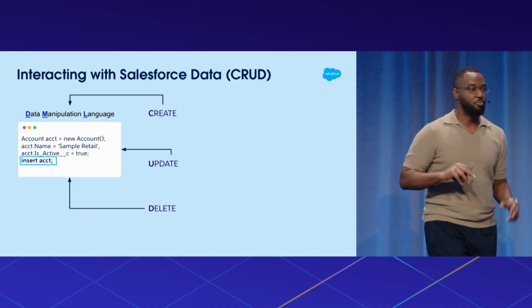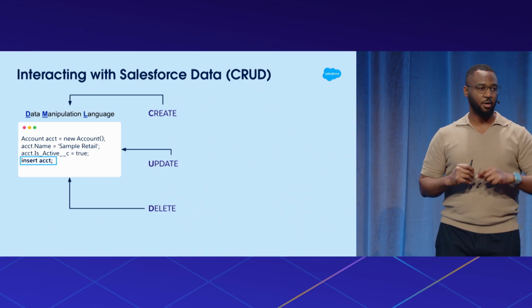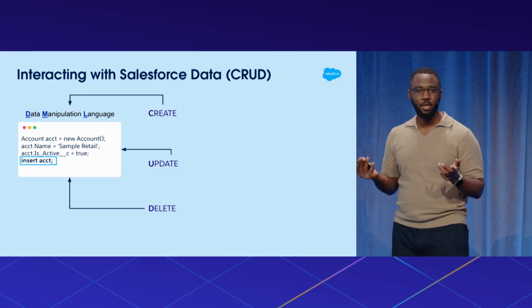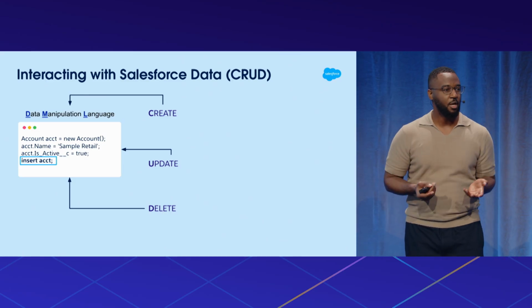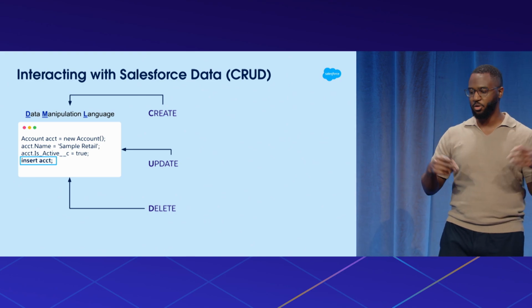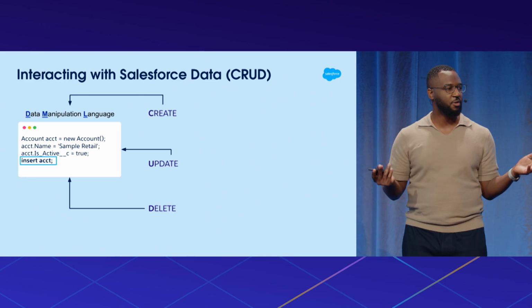So when it comes to mutating data, you have one option, DML, the data manipulation language. And it's really simple. In your code, you're going to have some statement where you create an account or you retrieve an account or some other object or record. You set your fields.